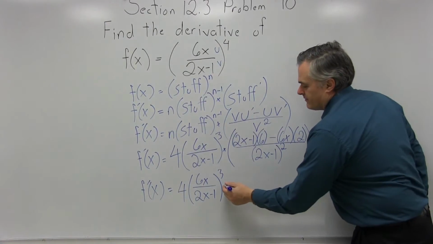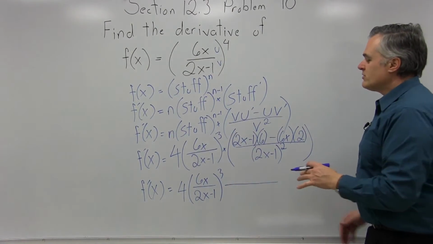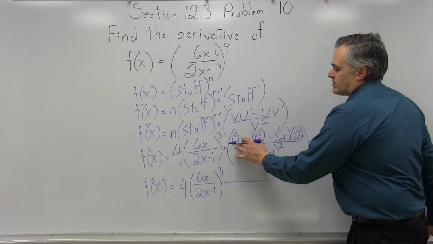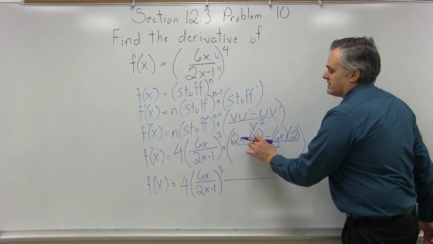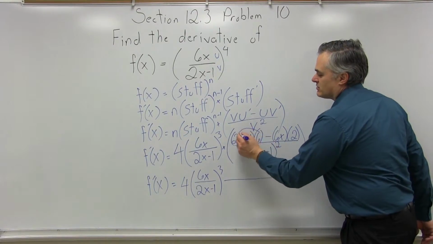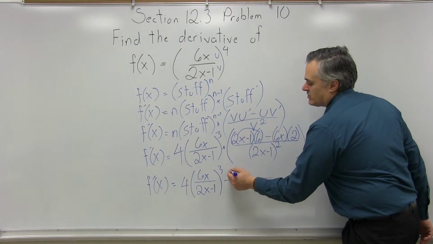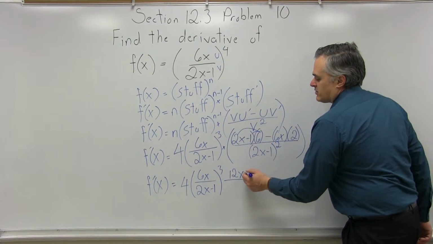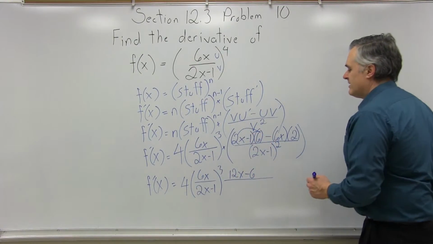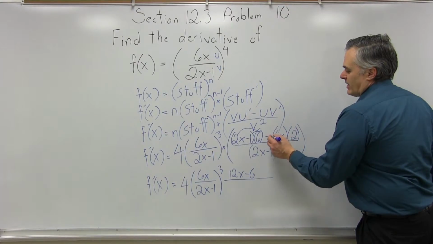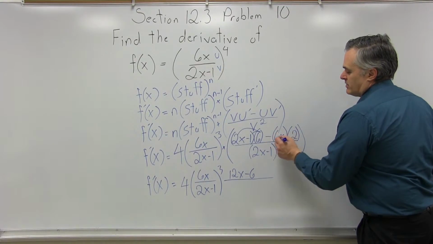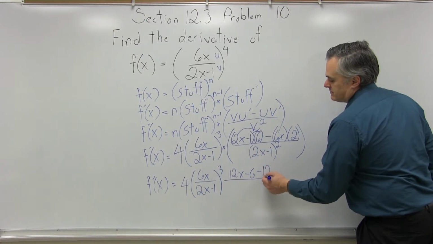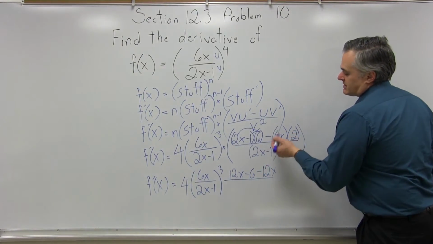Now, this quotient rule part on the right-hand side starts with 2x minus 1 in parentheses times 6. So I can distribute the 6 through the parentheses. 6 times 2x is 12x. Then 6 times minus 1 is minus 6. After the minus sign in the top of my quotient rule, I have 6x times 2, so that's 12x.